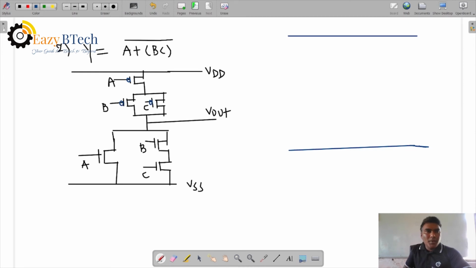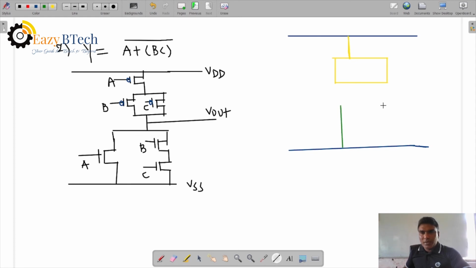Now take the PMOS transistors. One PMOS transistor is here, and one PMOS transistor is here. Okay, and then after the two parallel PMOS transistors, you can join them with green diffusion, right?